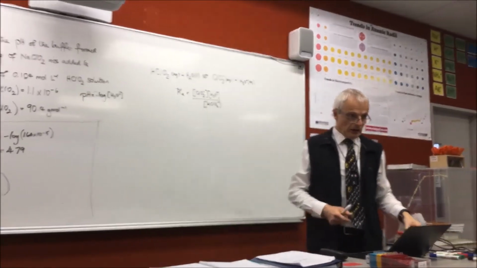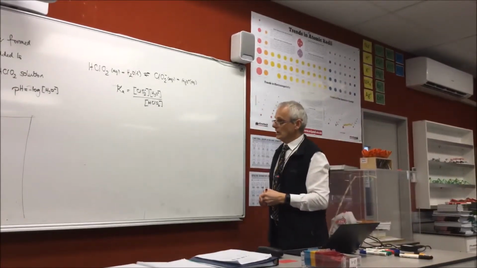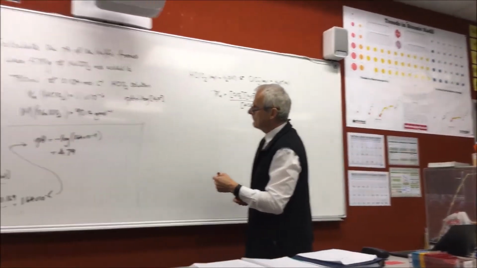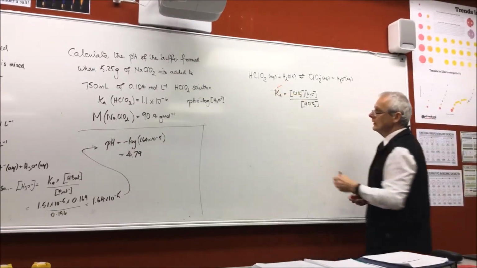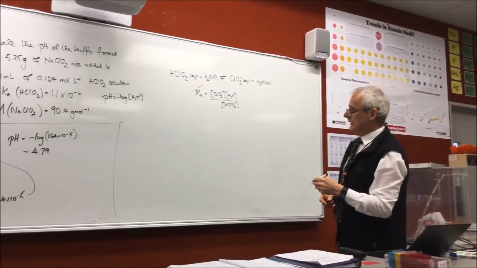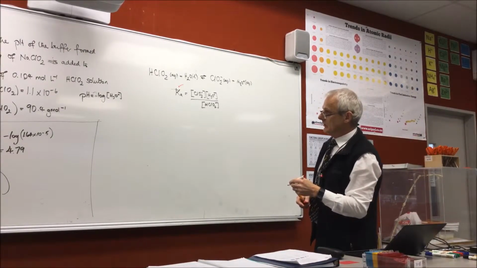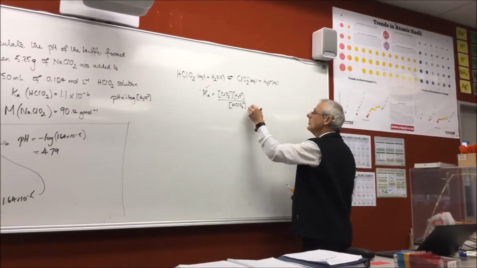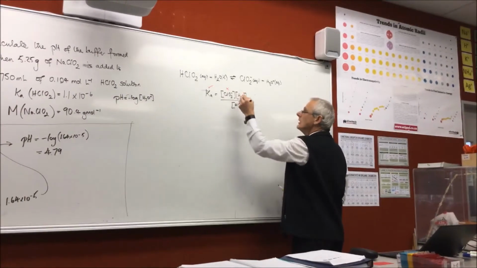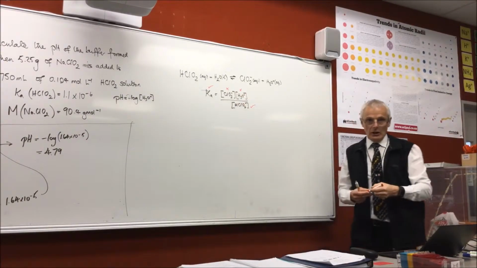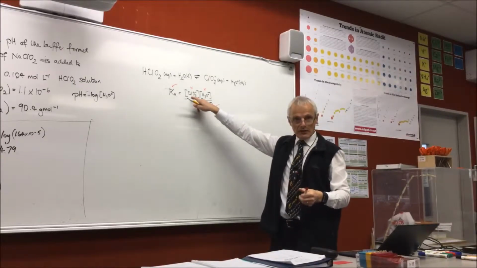So the next thing is to work out what we've got. We've got Ka. We've got the concentration of HClO2. We don't have this one yet, and we don't have that one yet. But we do have a mass of this.